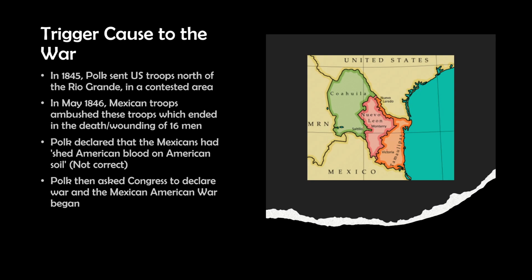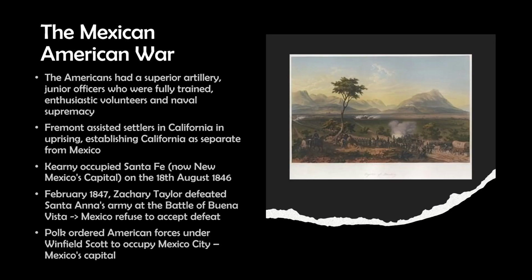However, this was not correct at all, considering that the Rio Grande was at the time still part of Mexico, and therefore American blood had been spilled on Mexican soil. But saying American blood on American soil has a dramatic effect, hence why Polk probably did it. Polk then asked Congress to declare war. They accepted, and the Mexican-American War began.